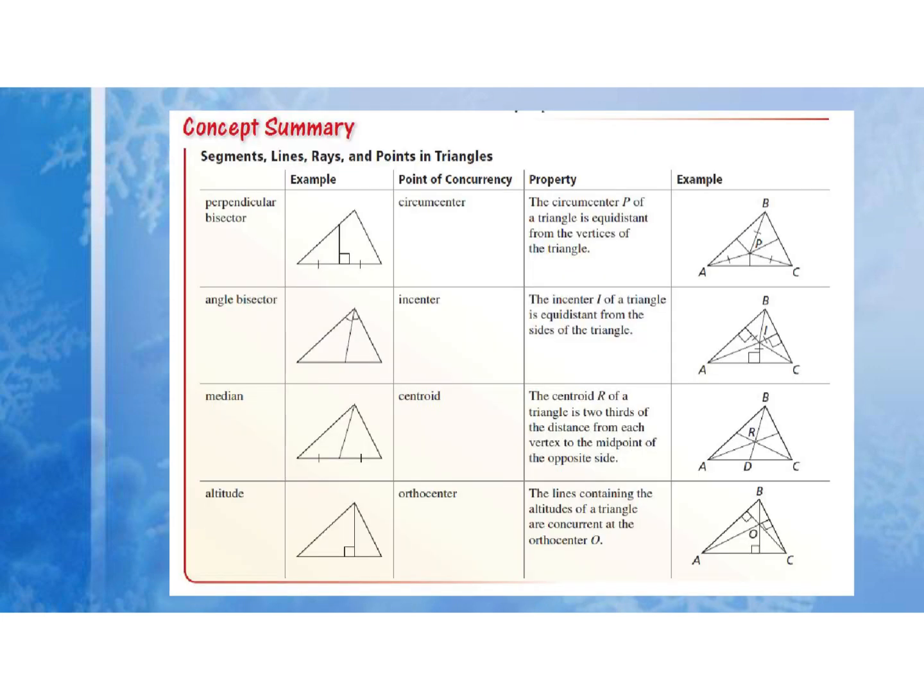Okay, now, okay? This is a summary of all 4 points of concurrency, what connects them, in other words, how you find them, what segments you need to draw, and what their properties are. AKA, this is your best friend. If you're going to make flashcards, this is the slide that you need to use, okay?